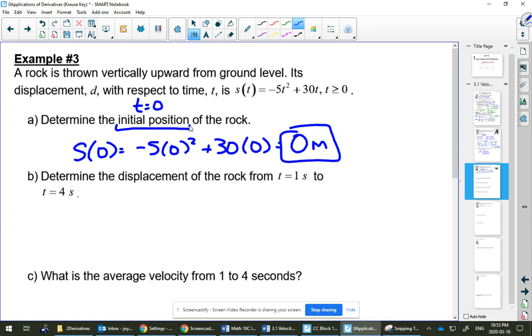If we're asked to determine the displacement of the rock from 1 second to 4 seconds, we're looking at that time interval of 1 to 4 inclusive. So our displacement is going to be our position at time equals 4 minus our position at time equals 1.